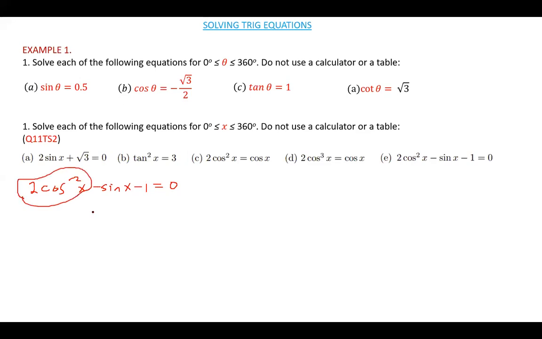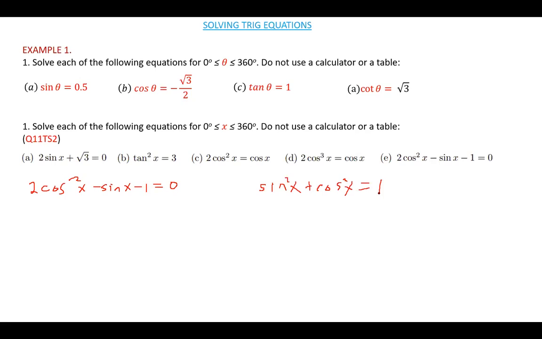And I'm pretty sure that most of you know this identity, which is sine squared x plus cos squared x is equal to 1, this one here.